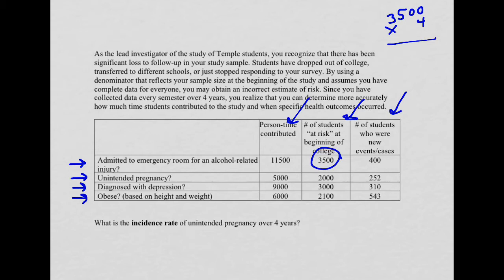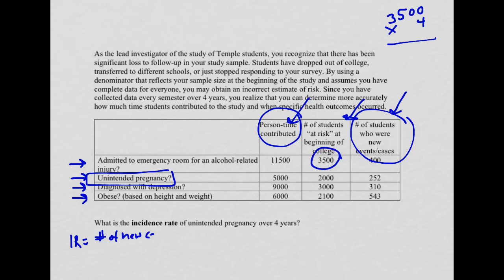All right, so for incidence rate, the information we're going to use are the number of new cases and the person time contributed. So let's go to our first problem. What is the incidence rate of unintended pregnancy over the 4 years? Our formula for incidence rate is number of new cases over total person time, in this case person years, at risk.